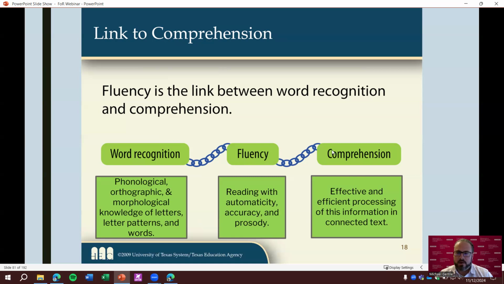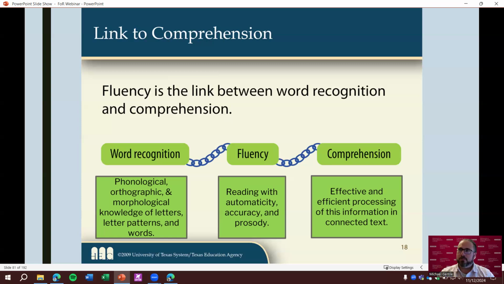That is going to go into comprehension because to understand the text, you need to be able to read it accurately and quickly. You can't be spending brain power thinking about decoding the words or reading so slowly that you forget what you just read. You need to be reading quickly and accurately to understand what you're reading, right?